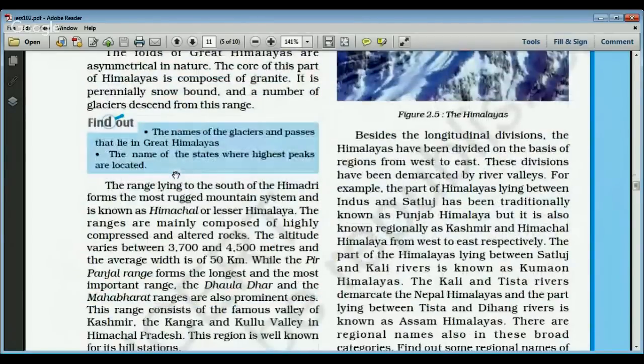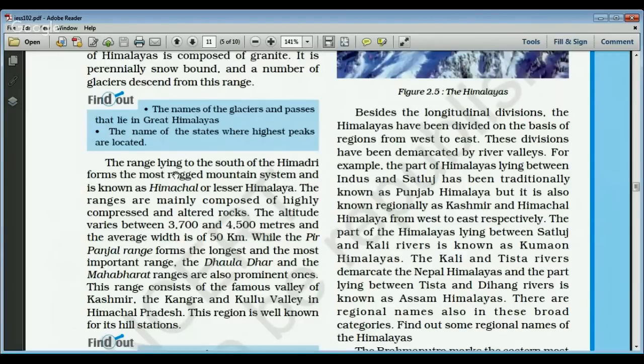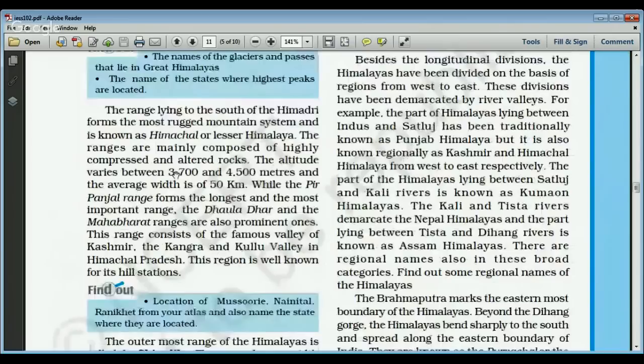I have told you that the Himalaya could be divided either longitudinally or latitudinally. If you divide the Himalaya latitudinally, that is from west to east, there are five divisions, and they have been demarcated by the river valleys. For example, the part of the Himalaya that lies between the Indus and Satluj is known as Punjab Himalaya, or Kashmir Himalaya or Himachal Himalaya.